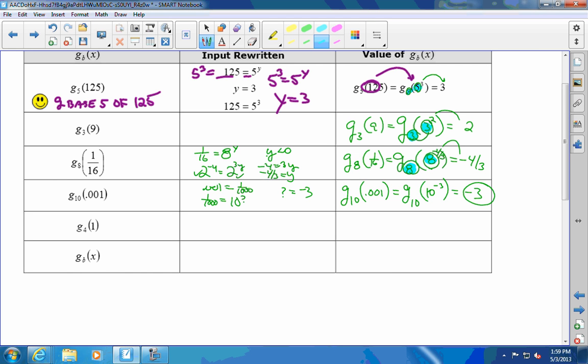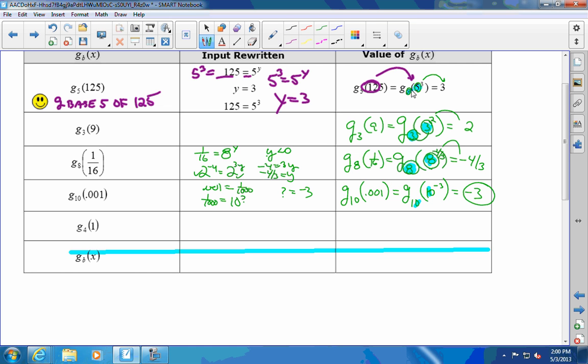This base and this base identical, we lift off the power. This base and this base identical, we lift off the power. But notice, these are for specific problems. And this last row here is going to tell you what to do no matter what g is, no matter what b is and no matter what x is. It's going to tell you how to find the answer.